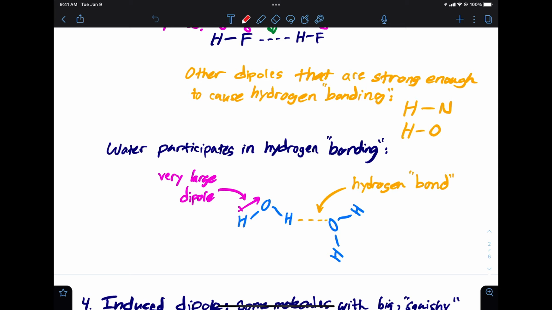Another thing is the backbone of, or I should say, the two strands in double-stranded DNA. Okay, the double helix of DNA. Those two strands are actually held together, held to one another by hydrogen bonding.